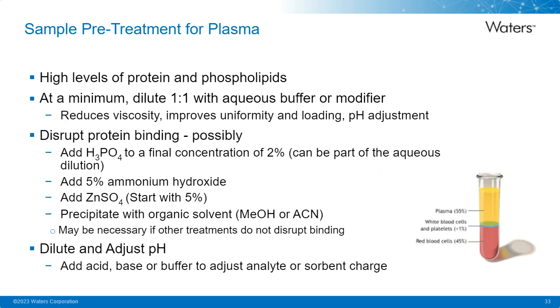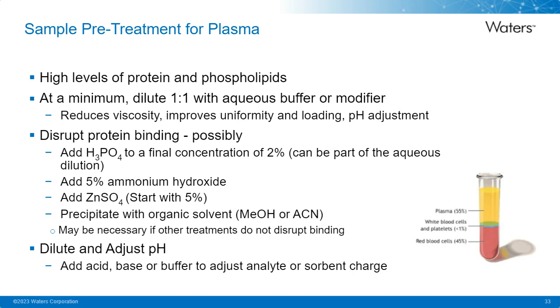For plasma, it's a little bit simpler. We don't have the blood cells. We do have a lot of protein and phospholipids. At a minimum, we're going to dilute it with an aqueous buffer or modifier. That will help reduce viscosity, help with loading, and again, we're going to do a pH adjustment here as appropriate. If we do have to disrupt protein binding, there are a number of options.